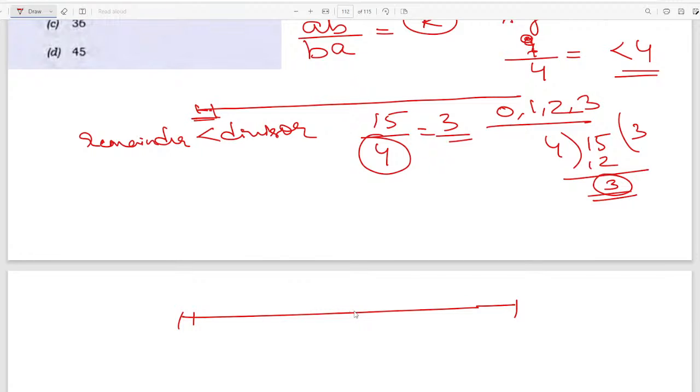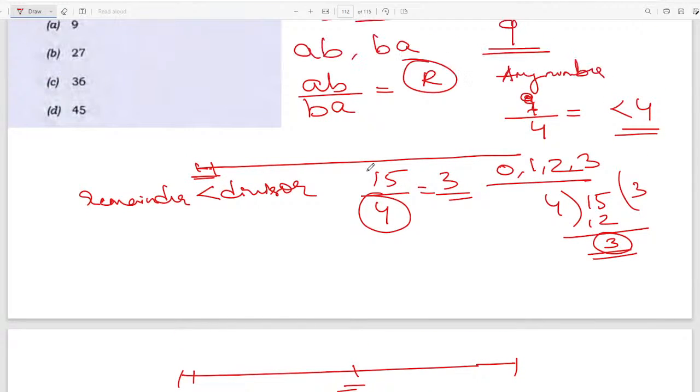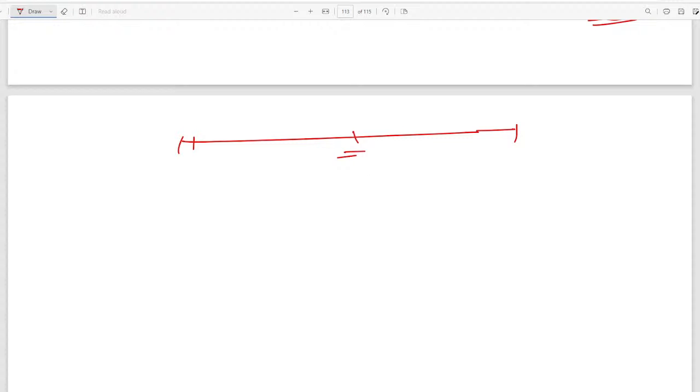So the divisor has to be at least greater than half of it. So I check the numbers with 9, since 9 is the largest tens digit among the 2-digit numbers. And then I have to check what the remainder is.